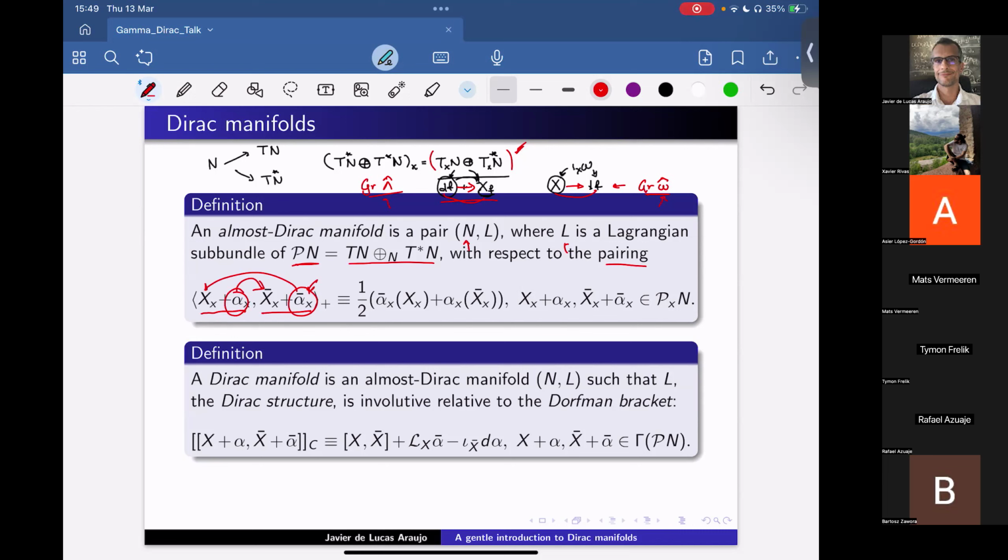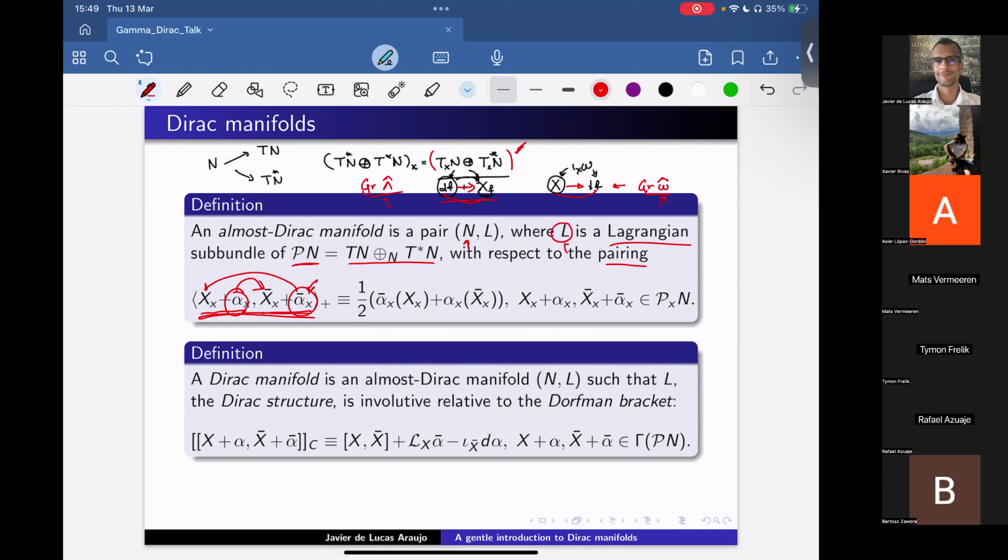So when you have this pairing, an isotropic subbundle is one where this pairing is equal to 0 on elements of it, and it is called Lagrangian when its dimension is the largest possible, since this is non-degenerate, when the rank of L is just the dimension of N.